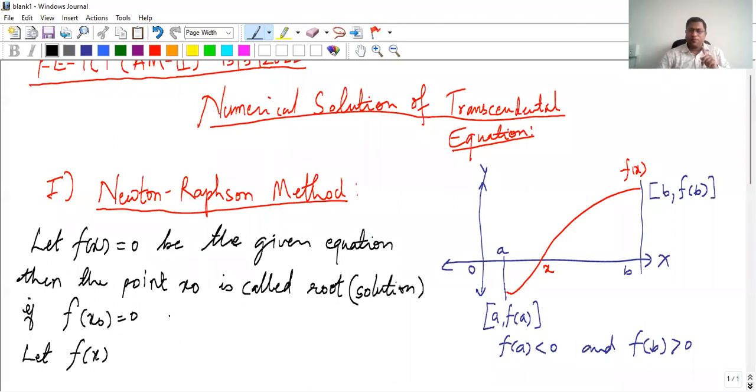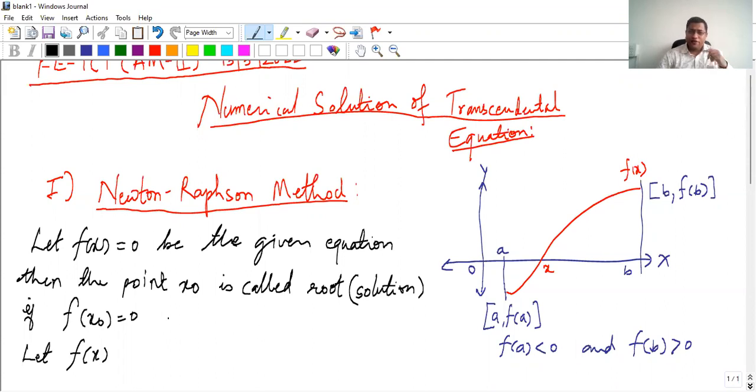A polynomial is continuous and differentiable. A trigonometric function is continuous and differentiable. A logarithmic function is continuous and differentiable. An exponential function is continuous and differentiable. And the transcendental equation is exactly a linear combination of all these terms. So that's why it is going to be continuous and differentiable.